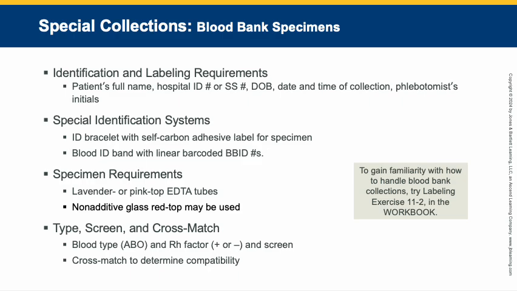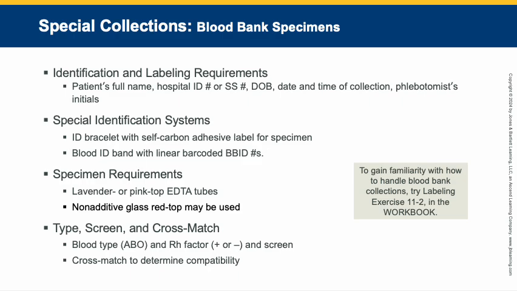So let's say that this patient is scheduled for surgery, but this surgery, they may not need blood. Then they are going to do the type and screen, which means they test for their type, their blood type, whether they're A or they're B or they're AB or they're O. And then they're also going to check their RH factor. So if you've ever heard anyone, for example, my blood type is O positive.